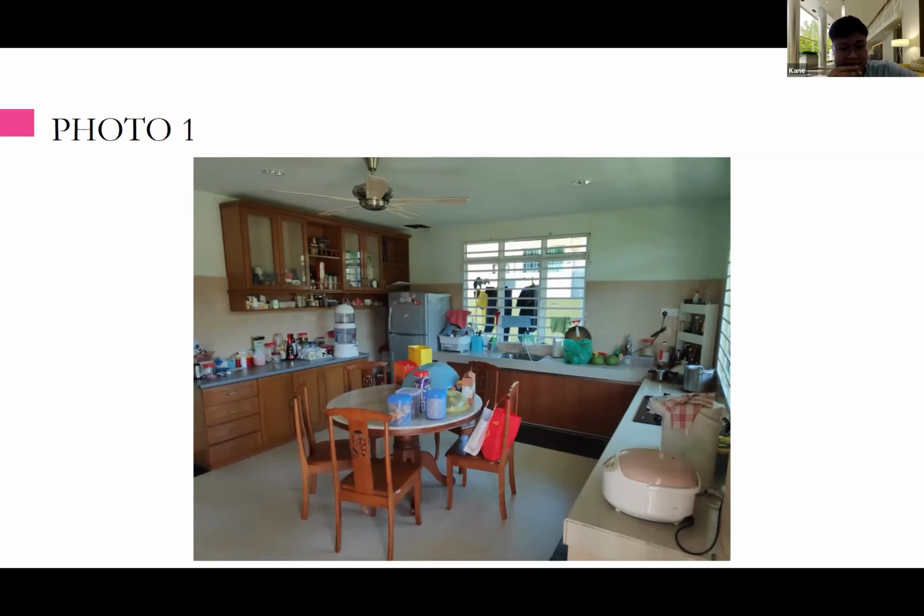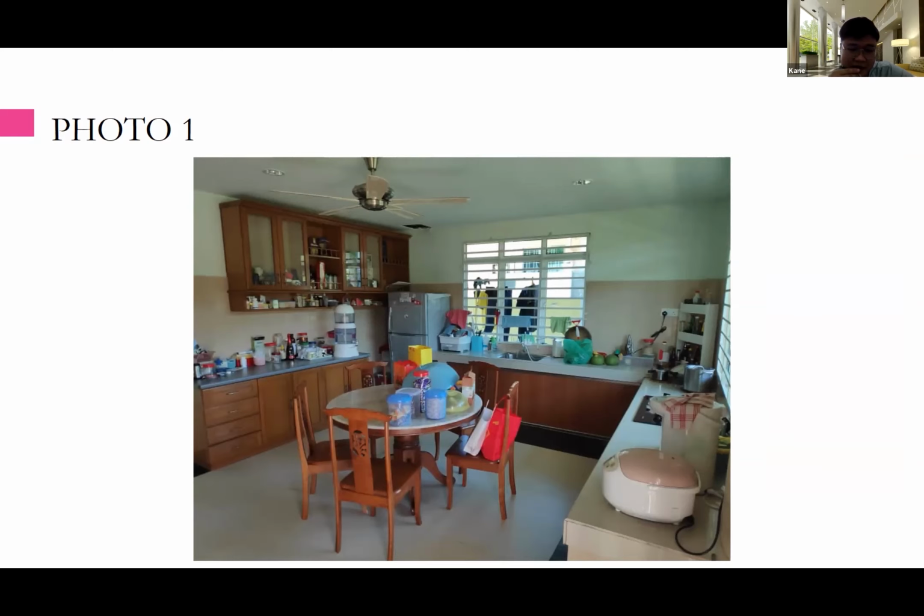So all the things have to be put on the table, and it does not look good when you have customers or friends coming in. Whenever you need to eat with more than two people, you need to clear the table and put all the items and containers in other spaces.